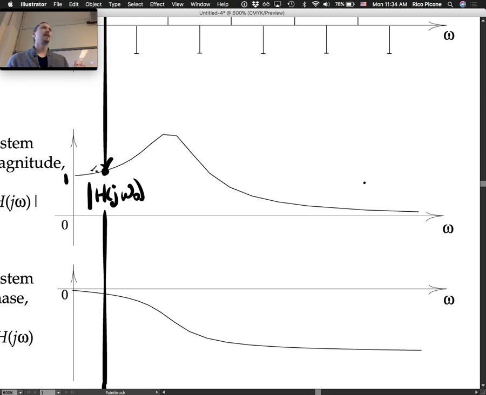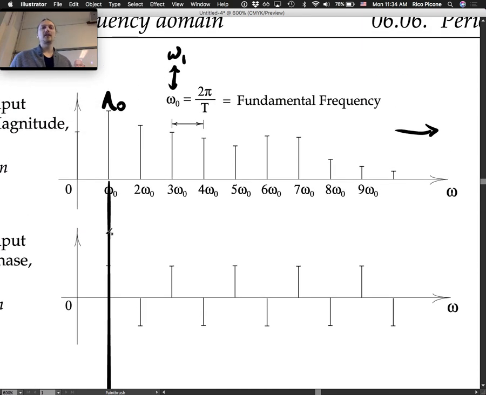Okay? Yeah? Would it be omega 1 versus omega? Yeah, so I apologize for that. This figure that I'm using from a collaborator of mine who's given me permission to use it, he uses omega 0 as fundamental frequency. We used omega 1 as fundamental frequency. It's a little notational difference, and it's a little confusing.